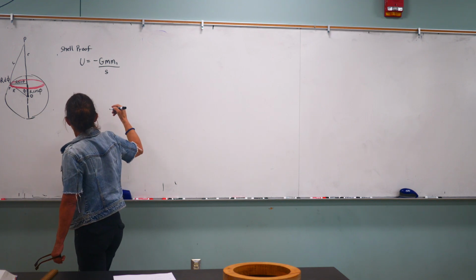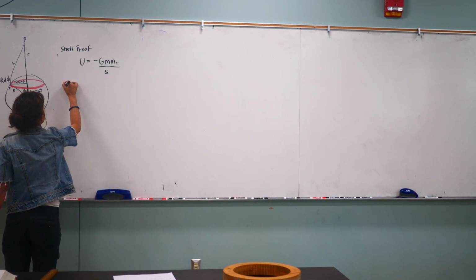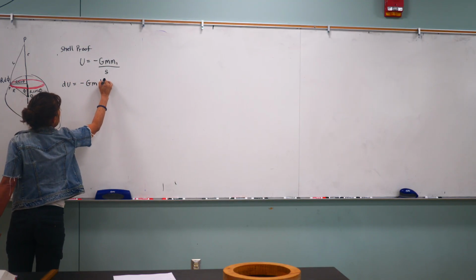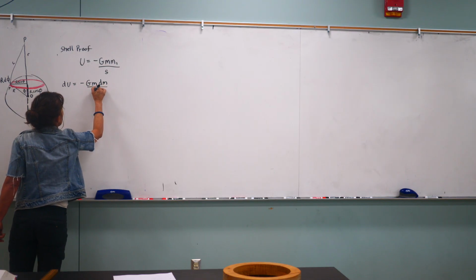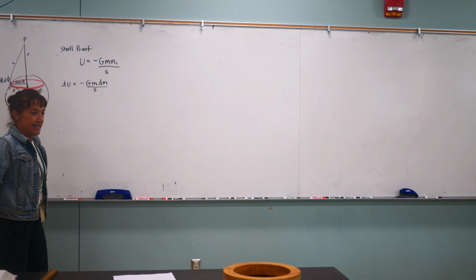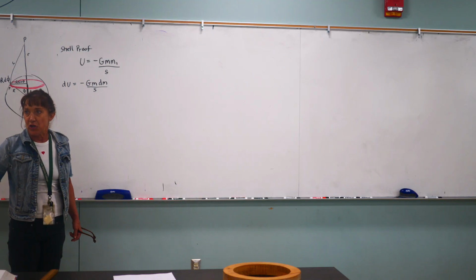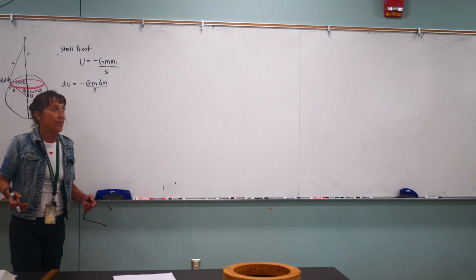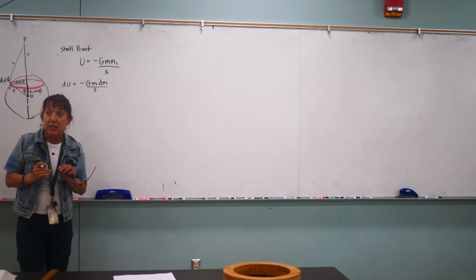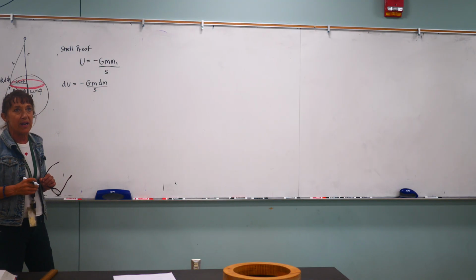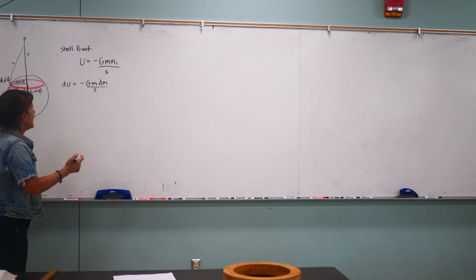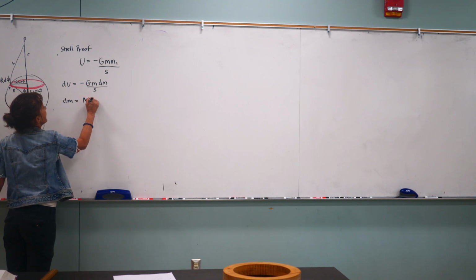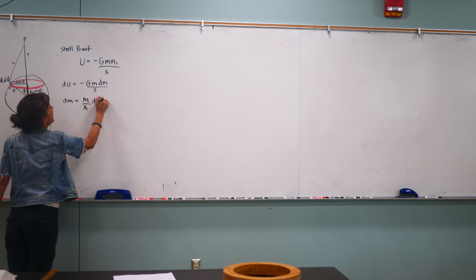All right, so I'm going to take the derivative of each side. dU equals negative G M dm over S. And similarly, when we were doing the moment of inertia integrals, a dm is a problem. So since this is an infinitely thin ring, we don't have a volume, we have an area. So dm is going to be equal to mass over area times dA.